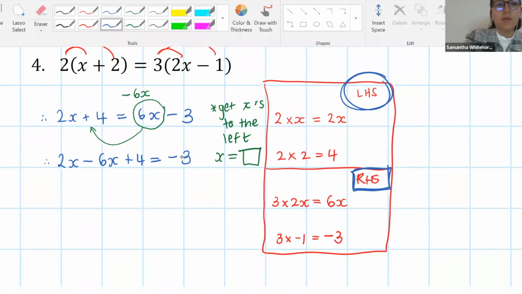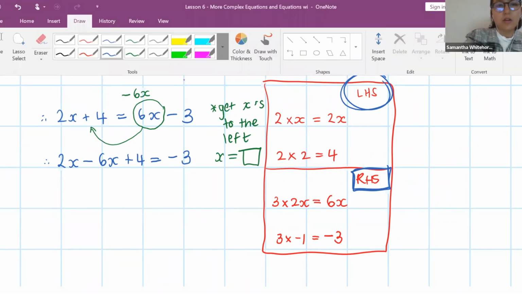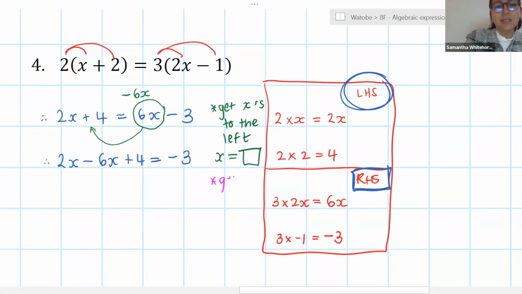Then I want to get the constants, so basically just the numbers, to the right. So that means the plus 4 that's currently sitting on the left, I need to bring over to the right.